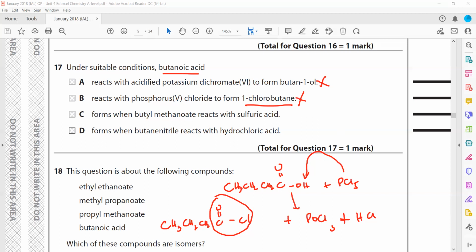Then when we check option C, C is not correct because the acid product when butyl methanoate is hydrolyzed is methanoic acid. So if we hydrolyze this, the first name of the ester gives the alcohol, so it will be butanol, and the second name is methanoic acid.